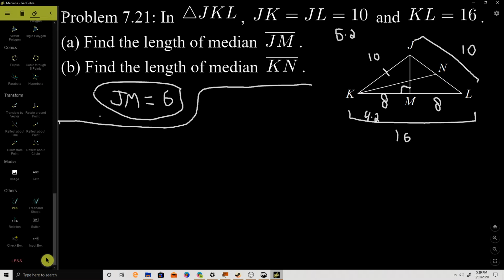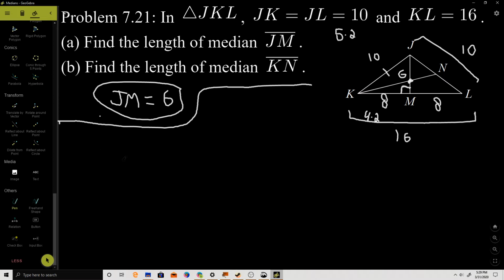Now I need to find out what KN is equal to. Well, I know the whole JM is 6. But what I also know is that if I'm going to call this my centroid G, I know that we have this entire thing split up.